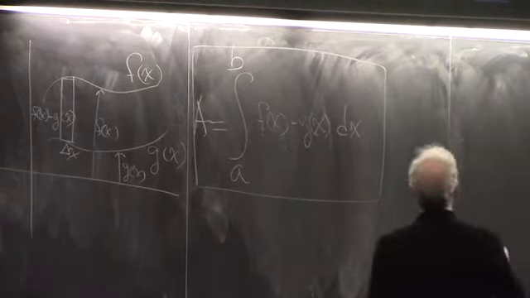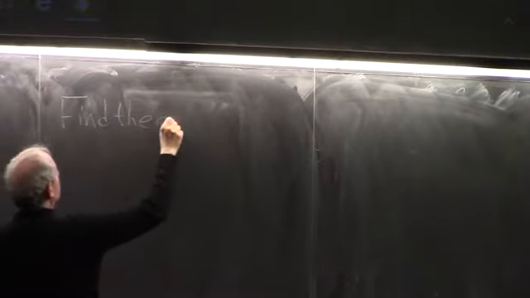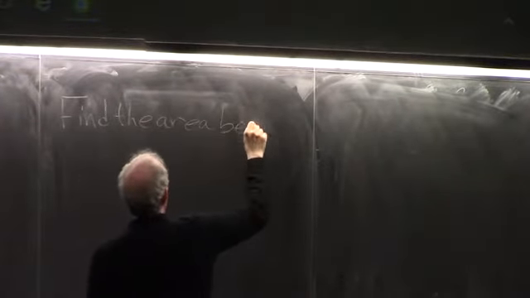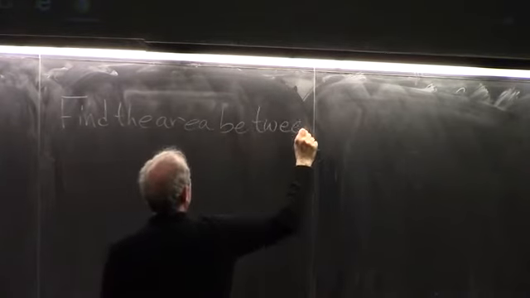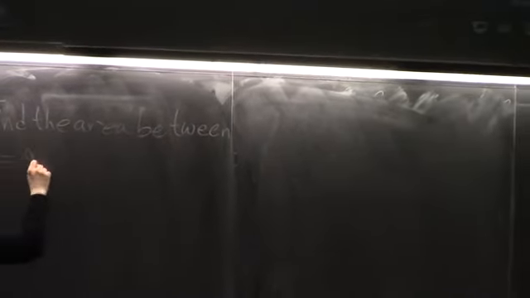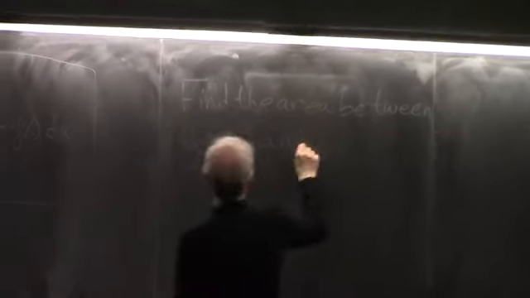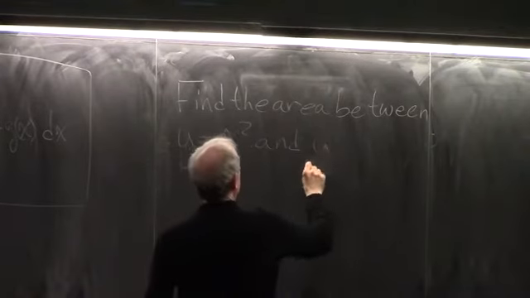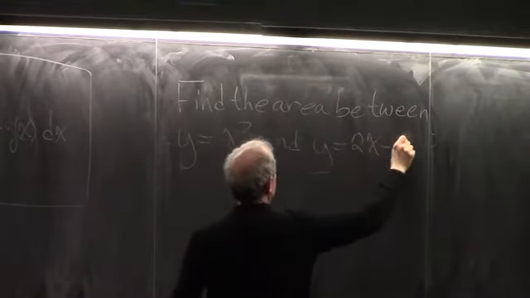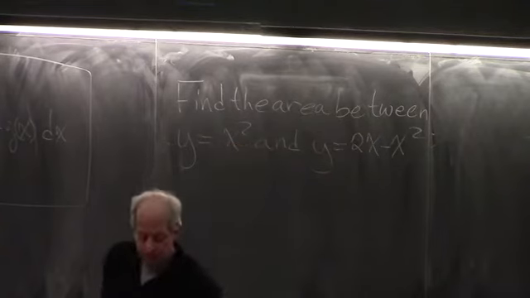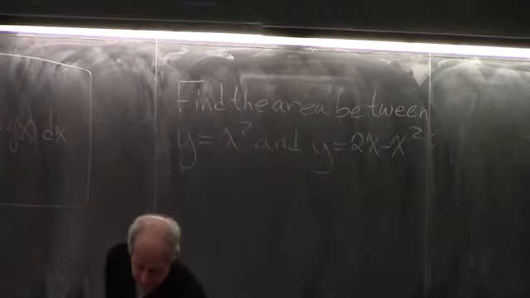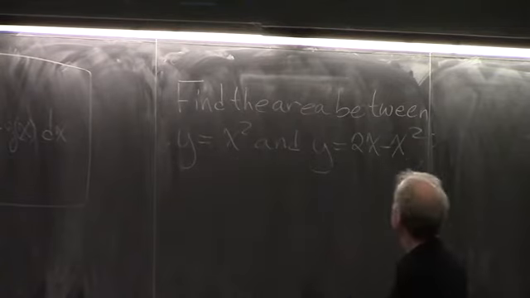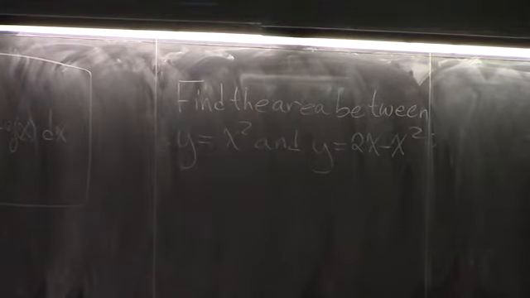For example, let's say we're going to find the area between y equals x squared and y equals 2x minus x squared.